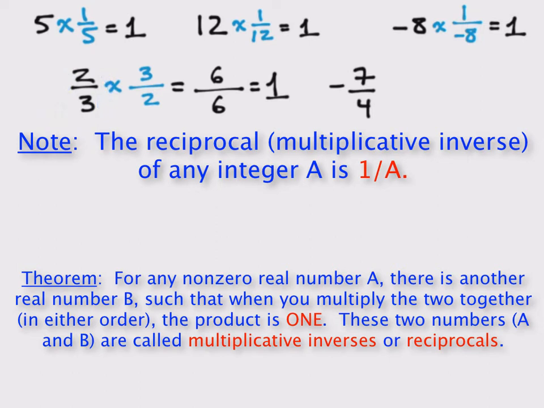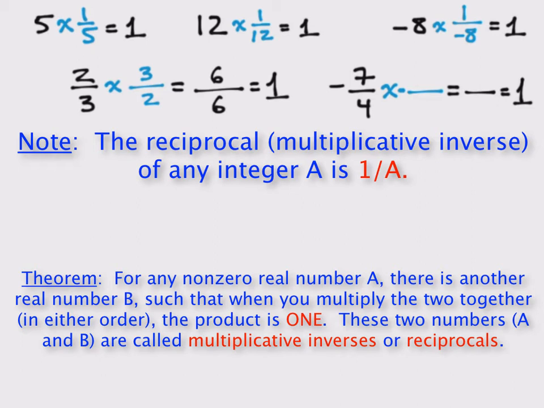What about negative 7/4? Again, we're going to have to multiply by something so that we end up with a fraction in which the numerator and denominator are the same so that it's equal to 1. Okay, first things first. If we need to multiply negative 7/4 by something to get positive 1, we need to multiply it by some negative number. So we know that fraction is going to be negative.